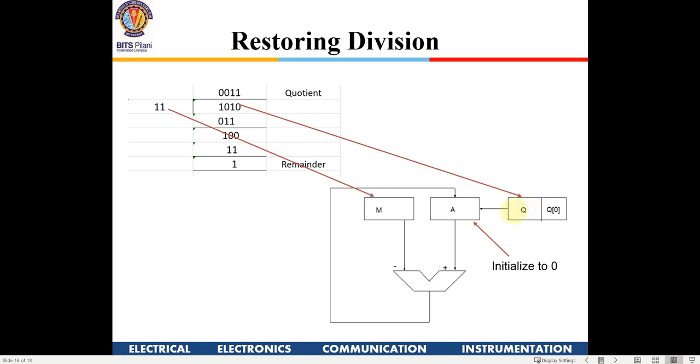And then with each clock cycle, we take one bit into A. Initially we take 1 out here, and do a subtraction. If the result is negative, we put Q0 here, and push one more 0 here. This is going to be 0 out here. The result is going to come here, so we put a 0 here, and we do not make any changes in A. Okay, so this is how the logic works.